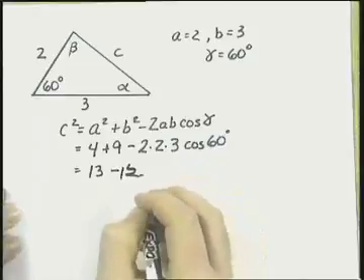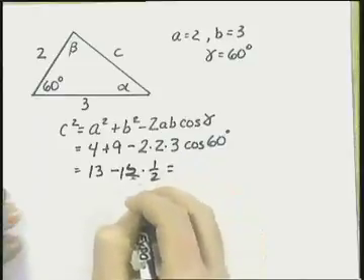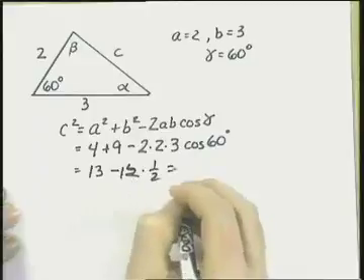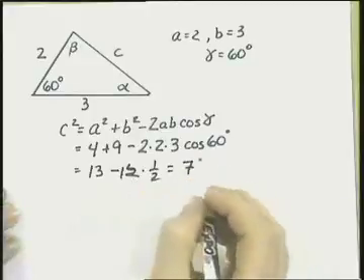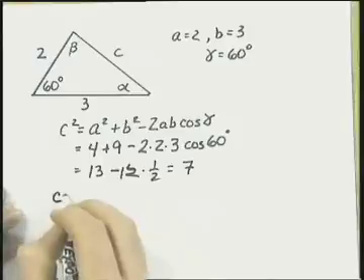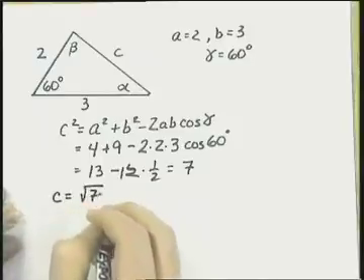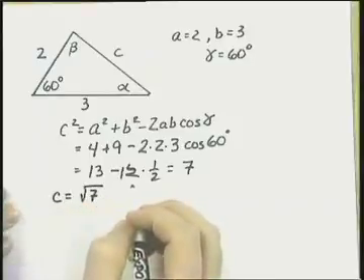Cosine of 60 degrees is 1/2. 1/2 times 12 is 6. 13 minus 6 is 7. So c squared is 7. That makes c equal to the square root of 7.